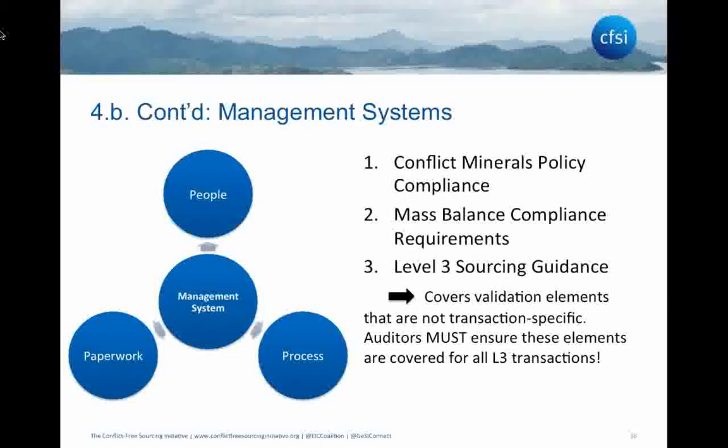Now, the mass balance compliance section in the Management Systems tab also includes some questions on the physical inventory check, those spot checks that we have covered in an earlier slide, as well as the review of shipping records. Now, as mentioned, the shipping record review, or previously the sales receipts review, has also been reduced.